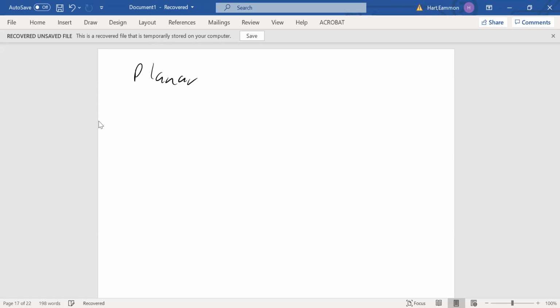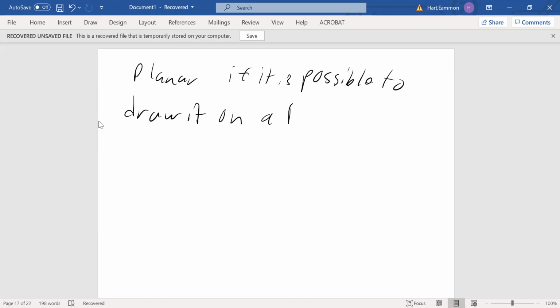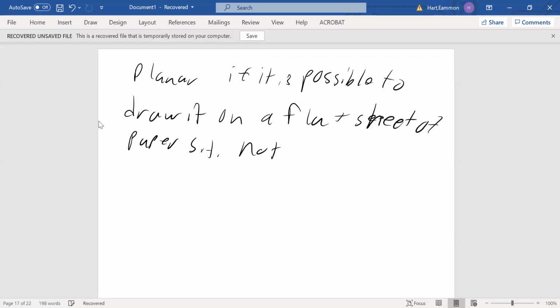A graph is planar if it is possible to draw it on a flat sheet of paper such that no edges cross each other. So this "possible" matters a lot.